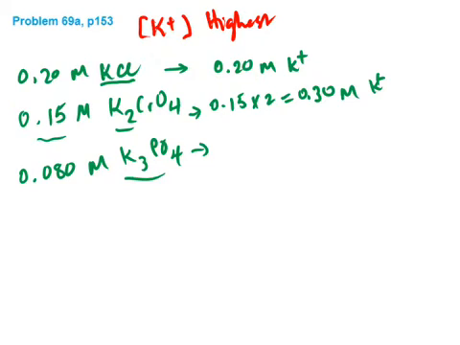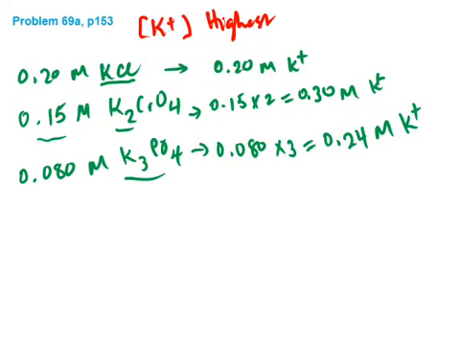In the third case, from each molecule of K3PO4, you're going to get 3 K pluses. So from each mole of K3PO4, you're going to get 3 moles of K plus. If it's 0.080 mole, you're going to get 3 times 0.080. So 0.080 times 3 is equal to 0.24 molar K plus.